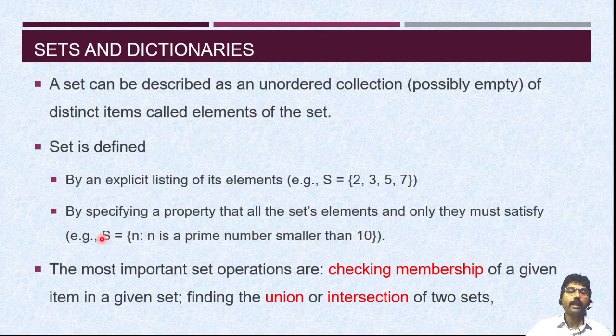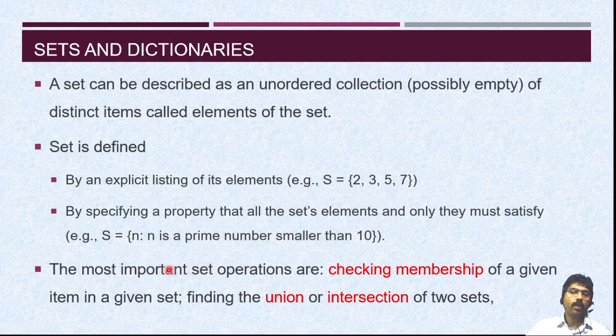That means S contains some numbers. What is the property here? These numbers are prime numbers smaller than 10, which are these four numbers. Both S contain the same values, but here we are specifying the property, and all the elements should follow that property.